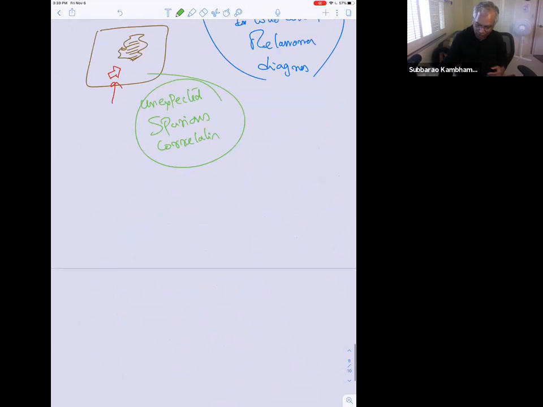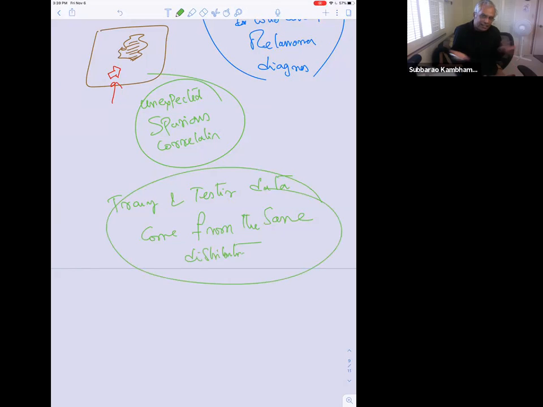Okay, this is the other phrase you have to remember. Training and testing data come from the same distribution. And it needs to happen. Machine learning systems can't learn unless the new things are coming from the same distribution as the training data.